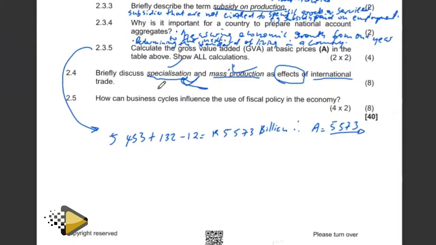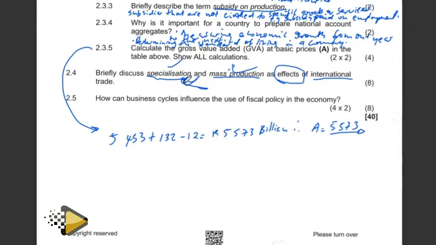Also, specialization has created more job opportunities for businesses or firms. Also, when a country specializes in the production of a certain product, it means that the country is going to have more exports than imports. In return, that is going to have a positive influence on national income.